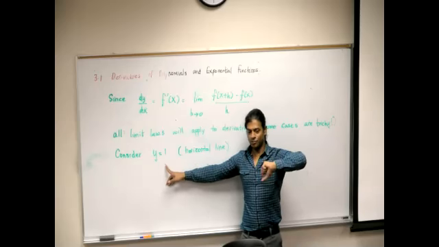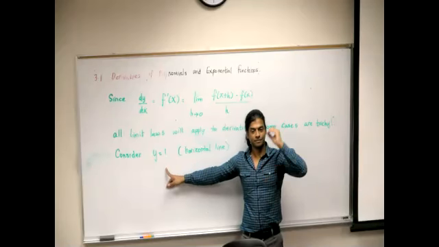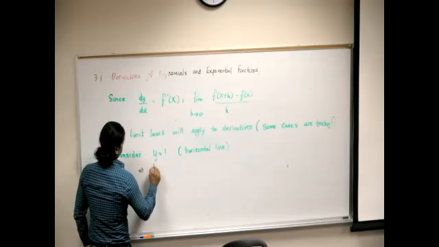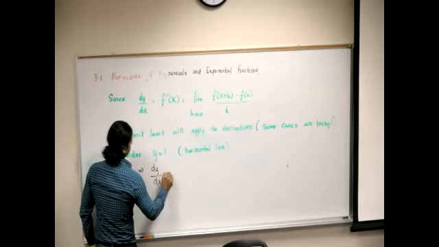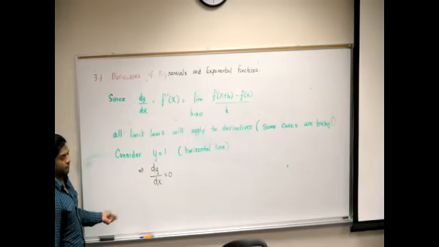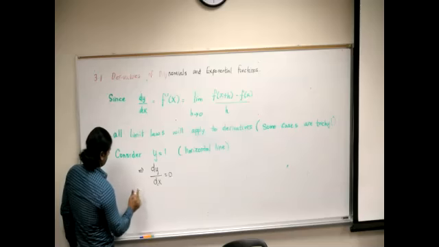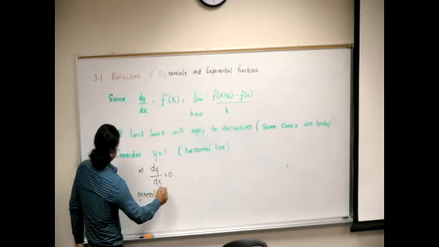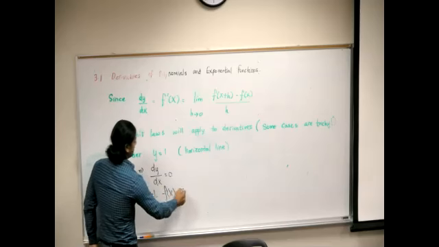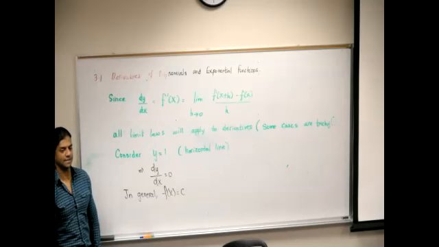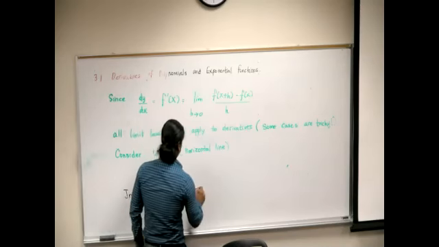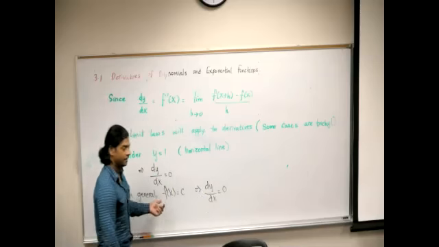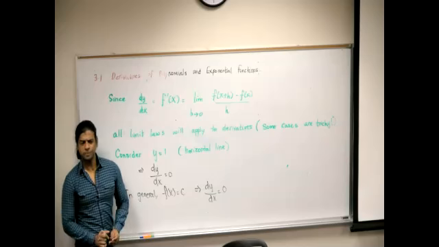If there is no rate, what is the value of that rate? 0. So delta y is equal to 0. And again, delta x is still changing, x is changing infinitely in both ways, but delta y is 0. In general, if I say f of x is equal to c, some constant, dy over dx would be equal to 0.